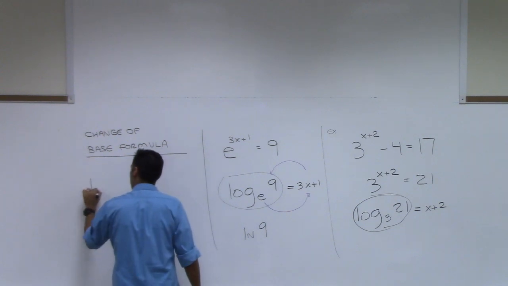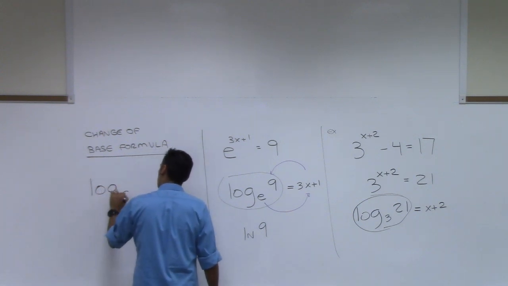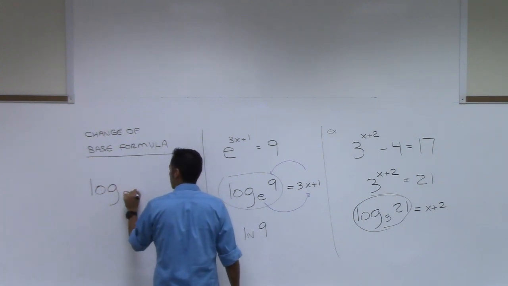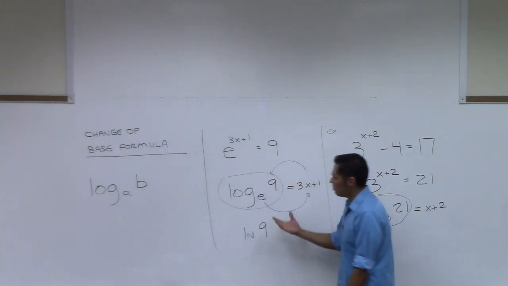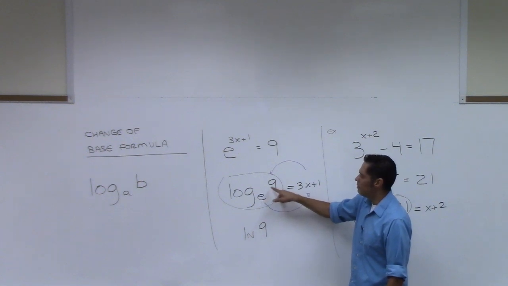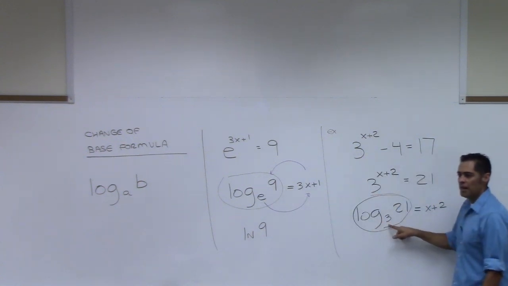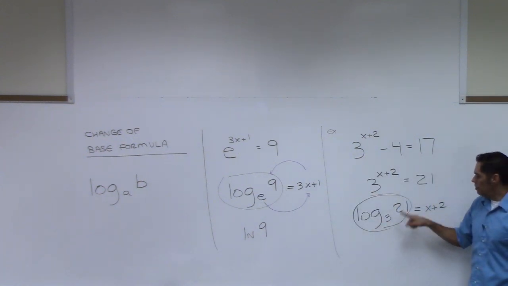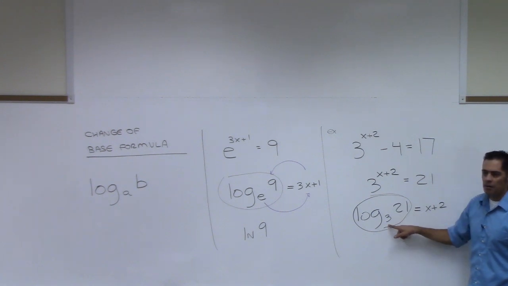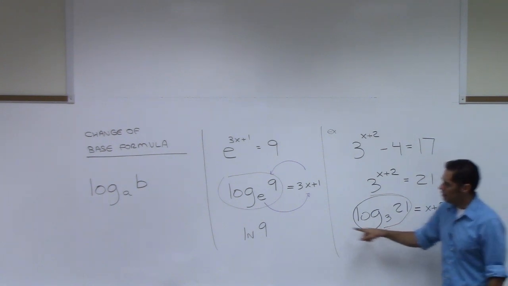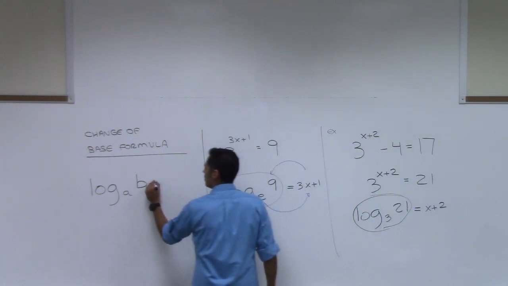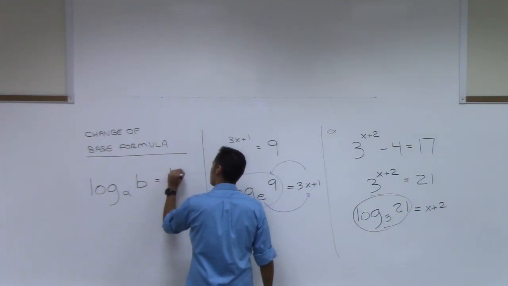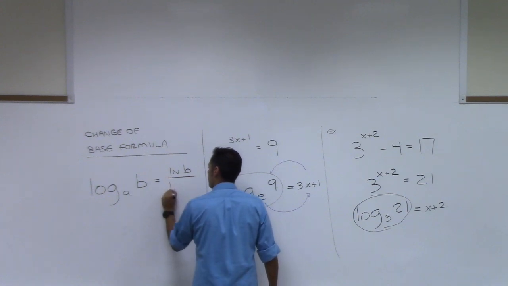It says, let's say you have a log, let's say you have a base, and then let's say you have some number here. I'm going to call it little b. Okay, that's what we have here, right? Log base a of b. Got it? So here b is 21, and here a is 3. Here b is 9, a is e. This formula says that this is equal to the natural log of b divided by the natural log of a.